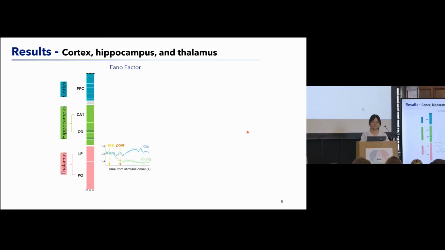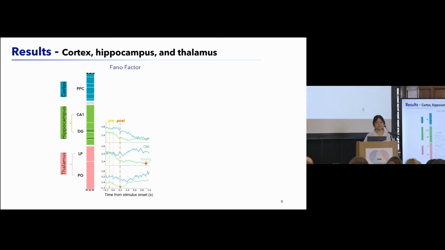In the previous slides, we were focusing on the LP brain region, the lateral posterior nucleus. Now let's move on to look at other brain regions as well. Actually, the posterior nucleus of thalamus and the dentate gyrus of hippocampus showed a similar pattern as LP, which means the old group showed a larger neural variability than the young group.